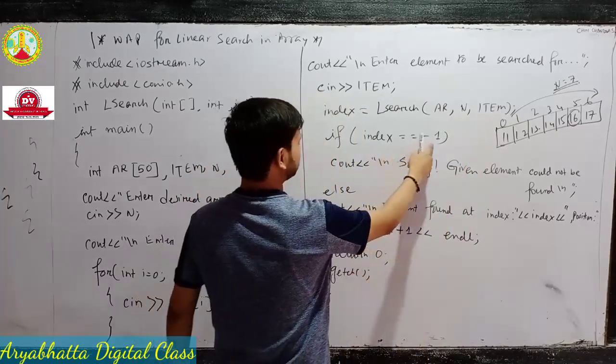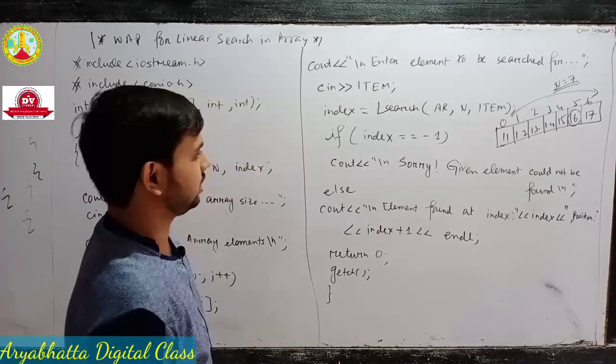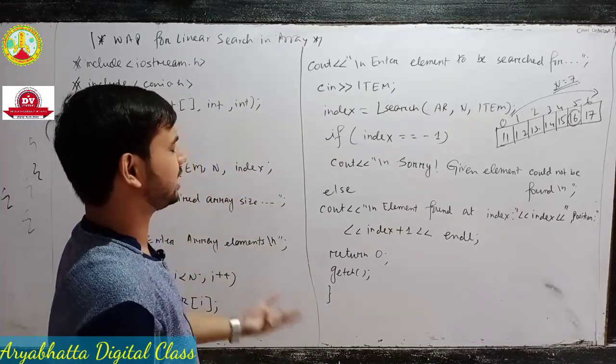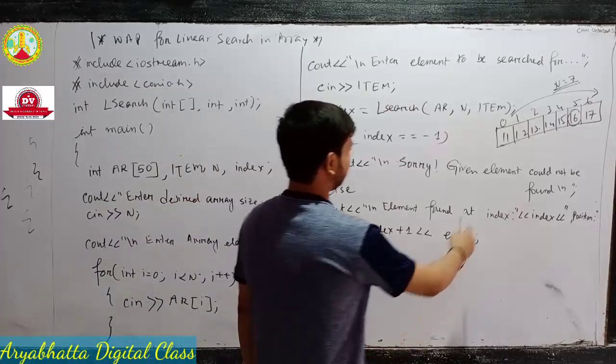If index is equal to -1, it means the array does not exist, so sorry, the given element could not be found.